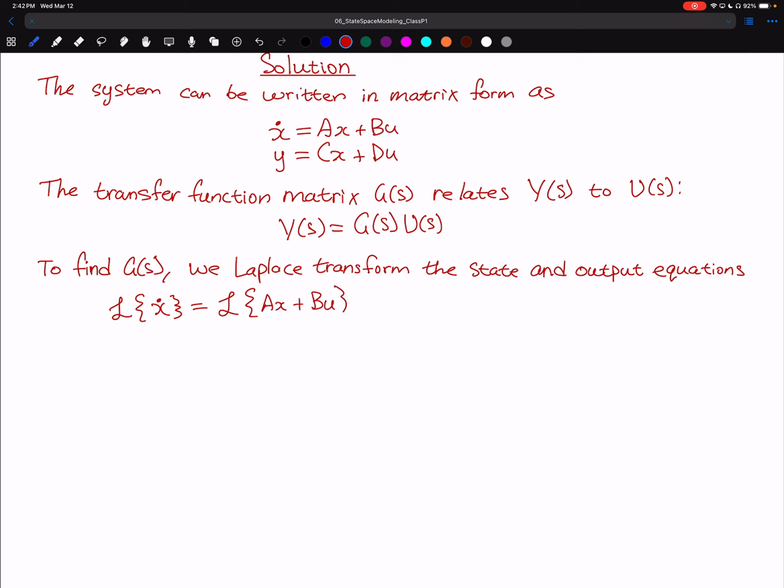And we are going to apply this directly to the matrix equations rather than each individual equation. This is going to give us s times X of s minus x0, and these are vectors still. This is then equal to A times big X of s plus B times big U of s.